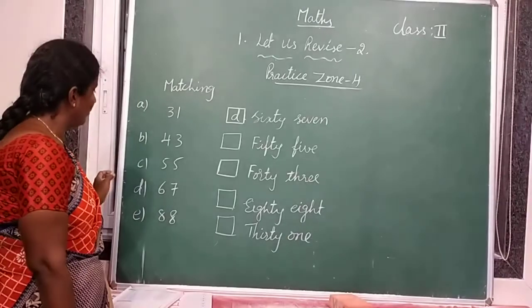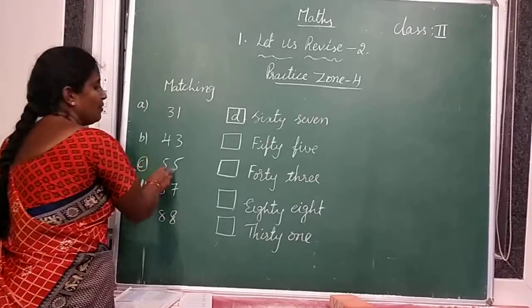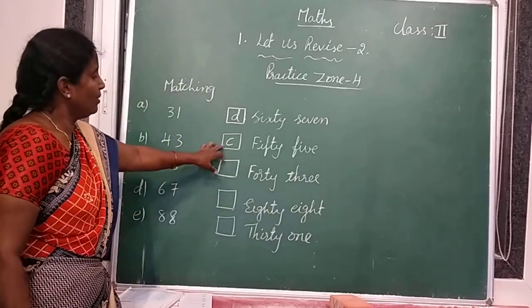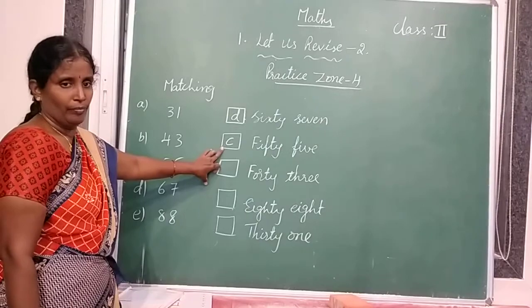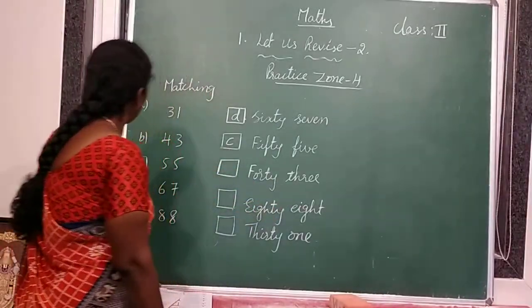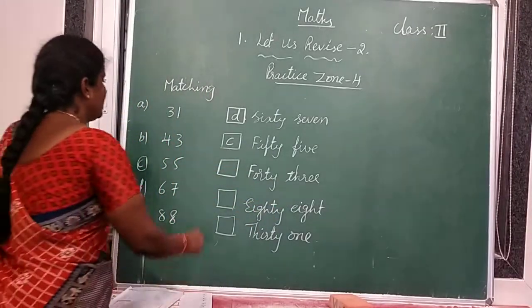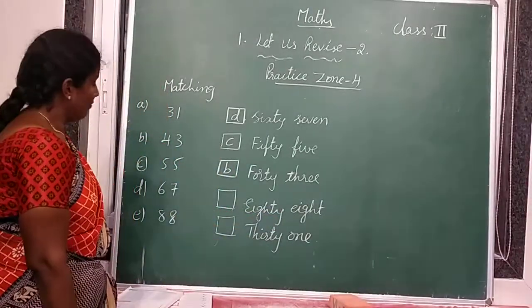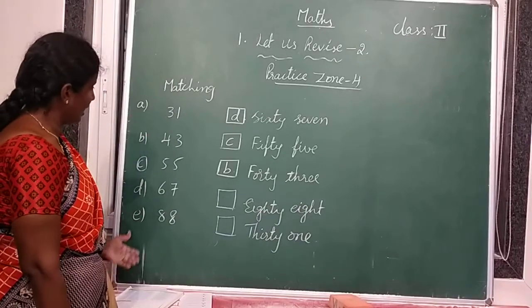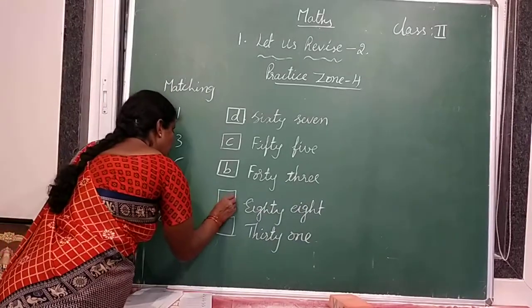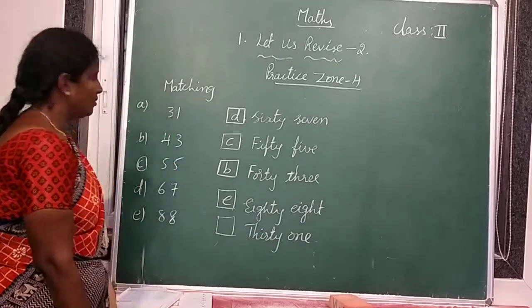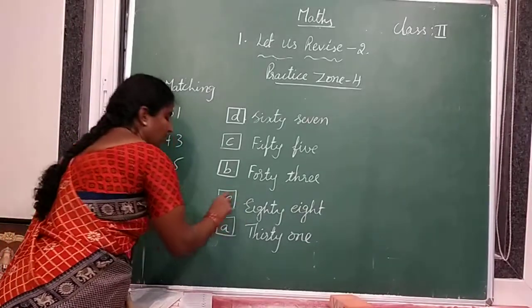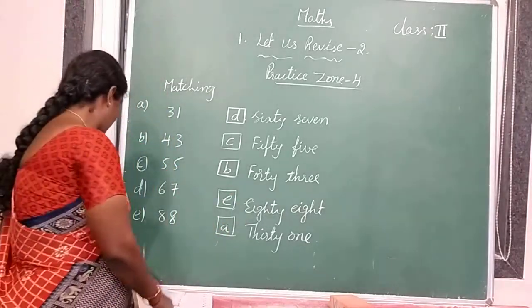Yes, C is 55. So write C in front of 55. Okay, next 43. Where is 43? Yes, B. 88. Which one is 88? E. Good. Next 31, this is 31, so it is A.